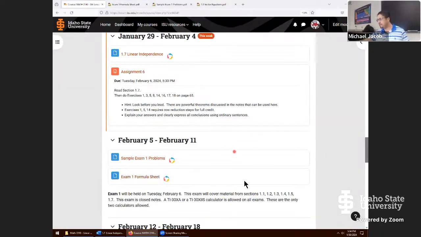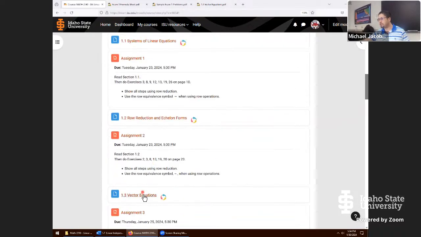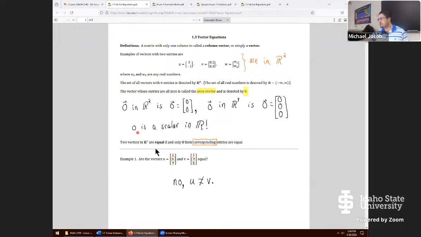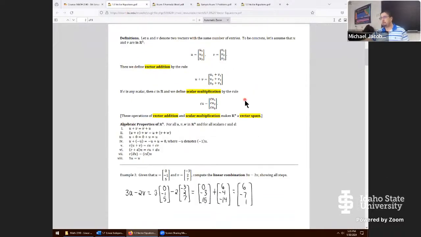And anything that's more along the lines of, say, let's go to maybe section 1.3 to illustrate. Things like these, for example, you should have them memorized, but not necessarily verbatim. When you do this problem, you didn't necessarily look up vector addition or scalar multiplication, nor any of those algebraic properties we take for granted.